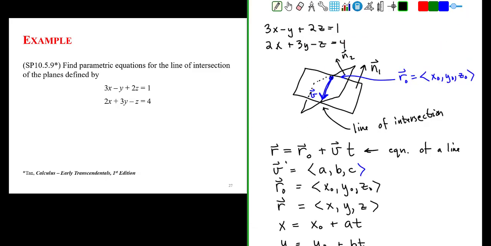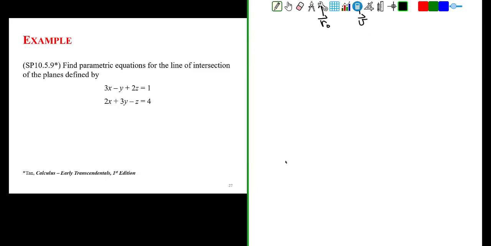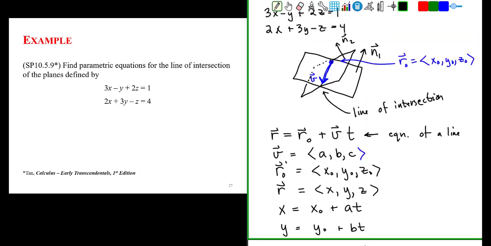So how do you think you could find a vector that is parallel to this line of intersection given the two planes? Think about that for a moment. Well, let's look at those two normal vectors. We had a normal vector n1 roughly going off in that direction, and let's refer back to the picture.